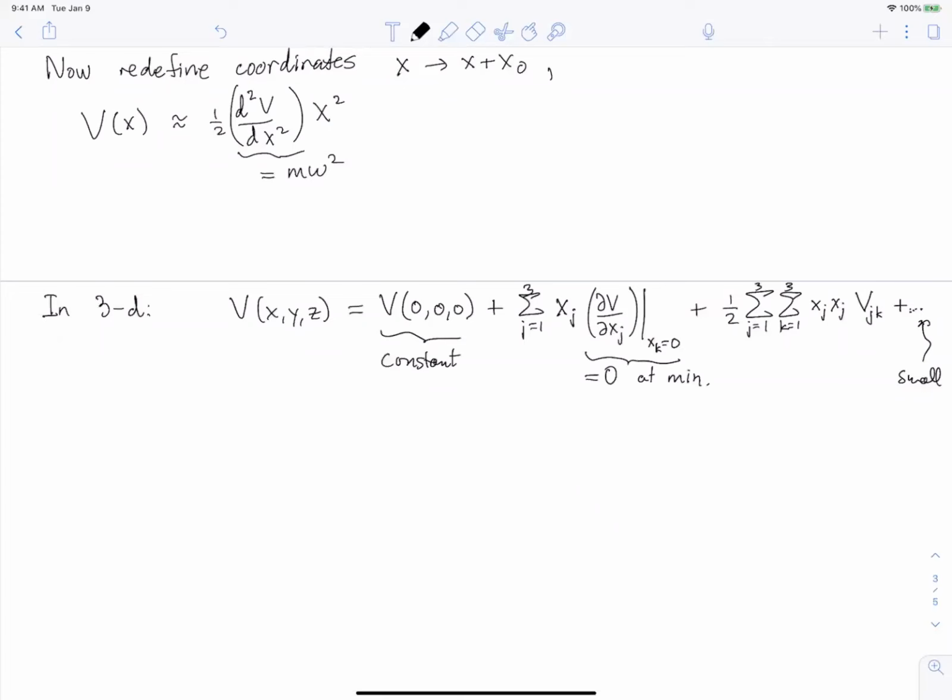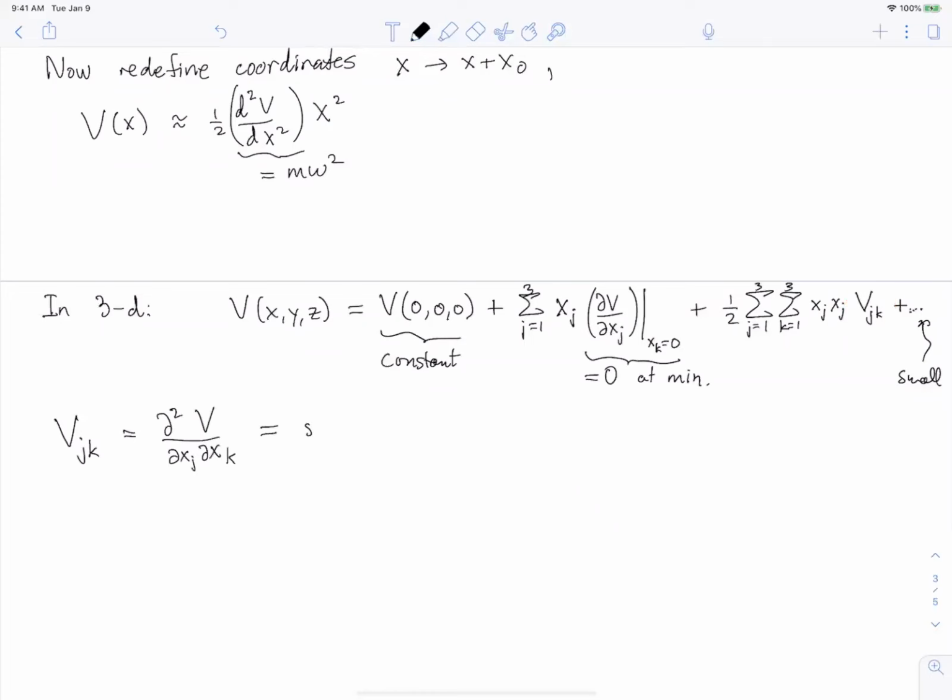And what can we say about this last term here? This is a matrix of second derivatives, and second derivatives with respect to x's commute. So whatever that thing is, it's a symmetric real matrix. So V sub jk, first of all, its definition is this, just the way we constructed it from a Taylor series.